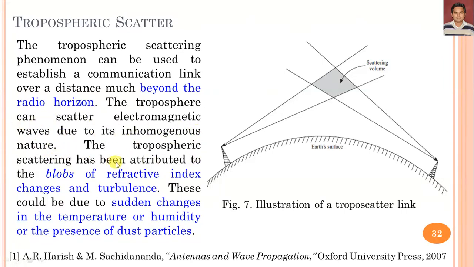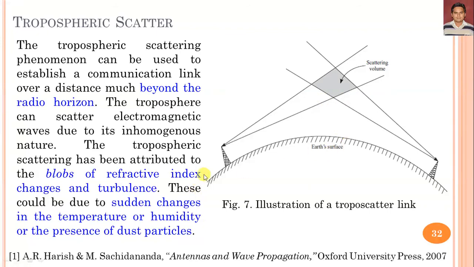The tropospheric scattering has been attributed to the blobs of radio refractive index changes and turbulences. These could be due to sudden changes in the temperature as well as humidity or the presence of dust particles. So if this type of situation beyond the radio horizon occurs, tropospheric scatter is occurring.